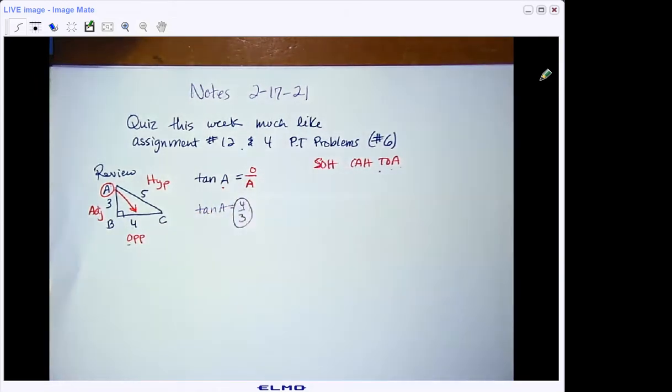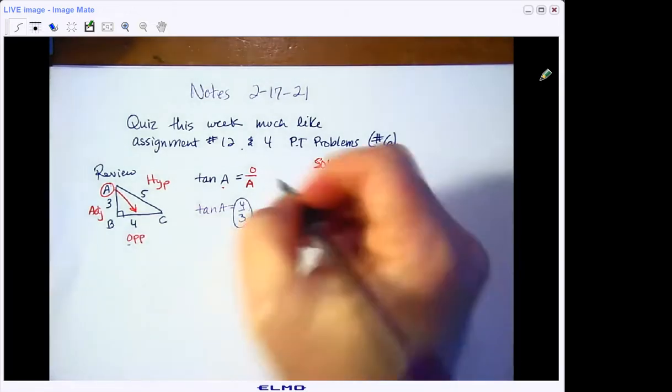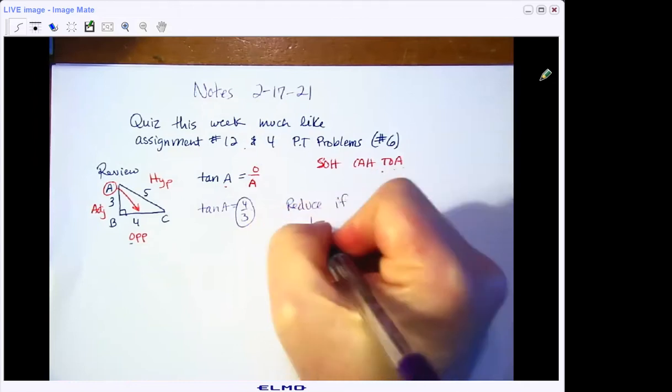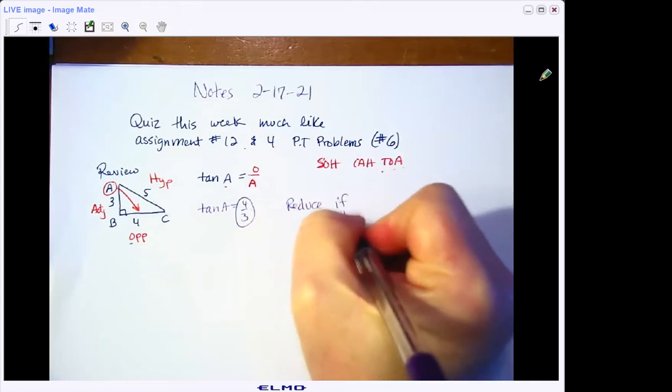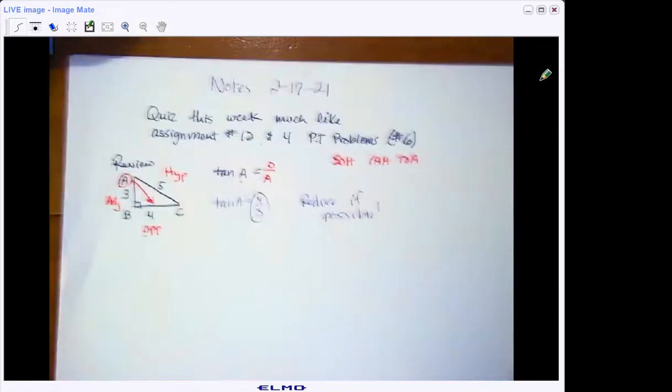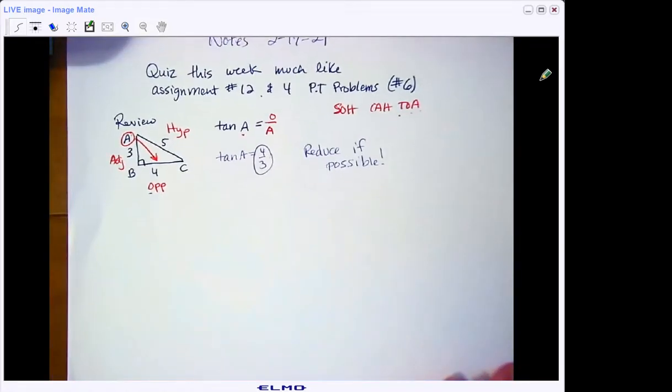That would be your answer. And remember to reduce if possible.